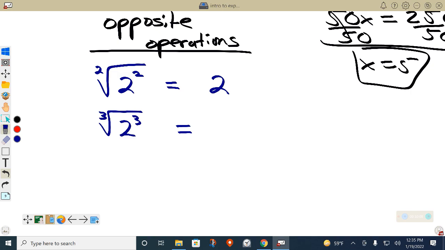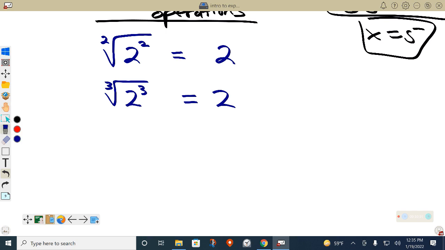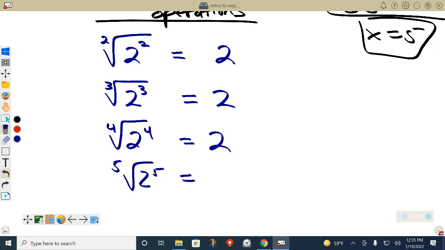The cube root of 2 to the third power is just going to be 2. How about the fourth root of 2 to the fourth power? 2. You're starting to see the pattern. I'll do one more. The fifth root of 2 to the fifth power is 2.